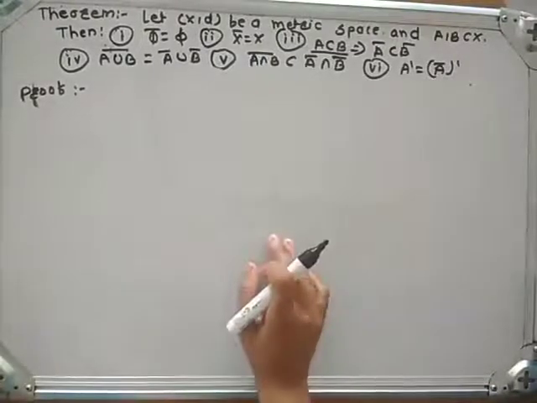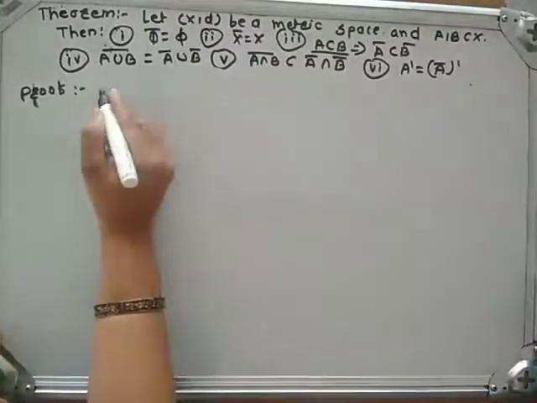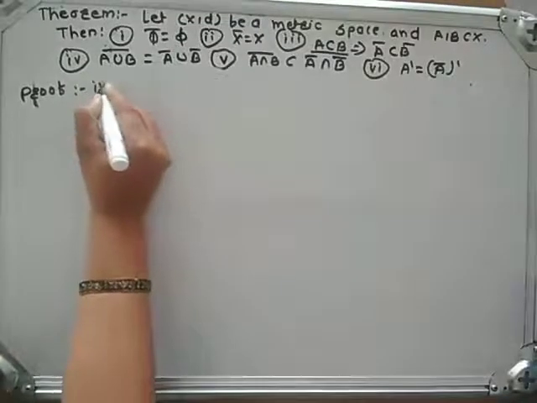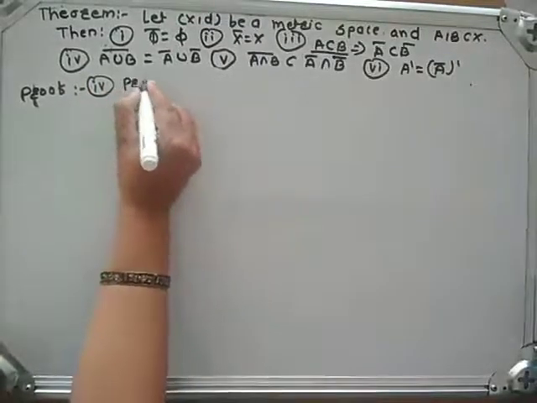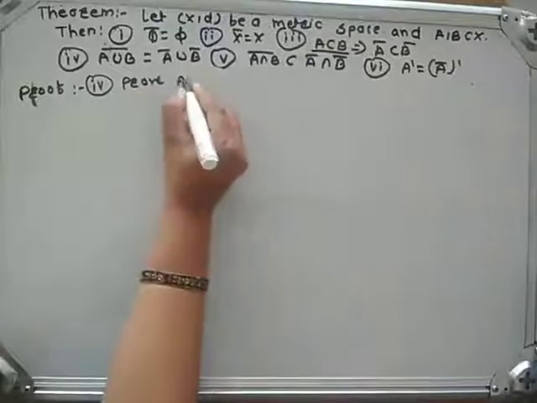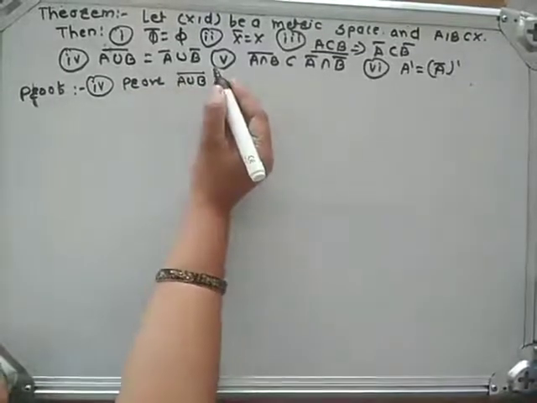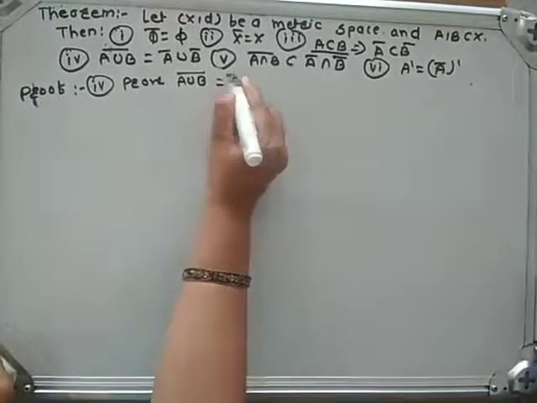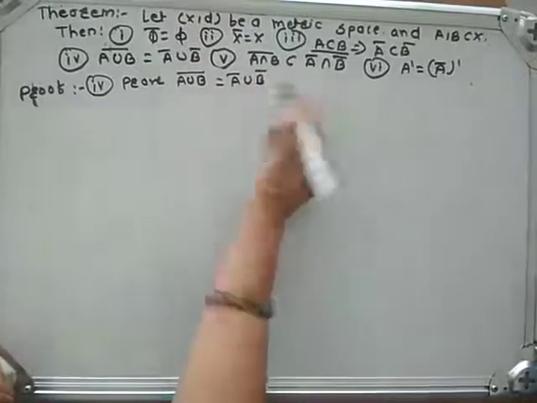Now we will prove part 4. In part 4, we have to prove closure of A union B is equal to A closure union B closure.